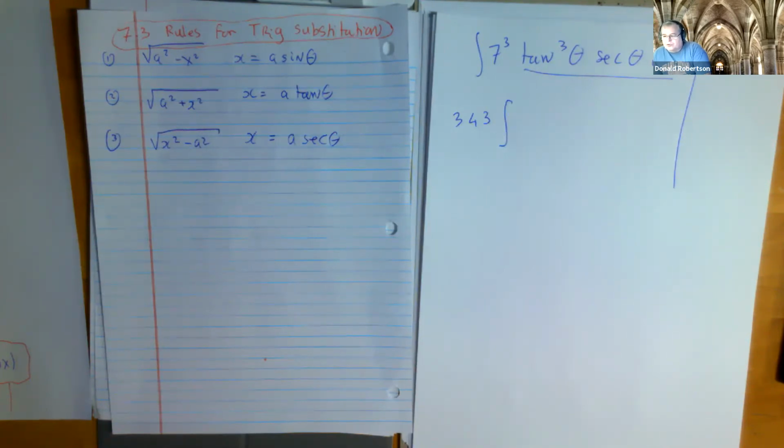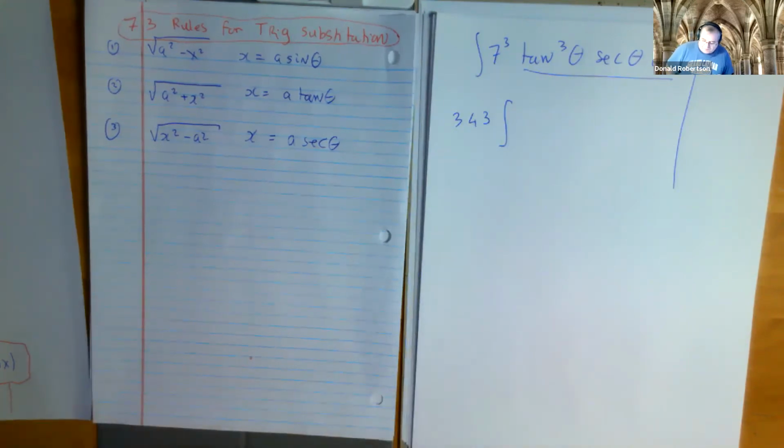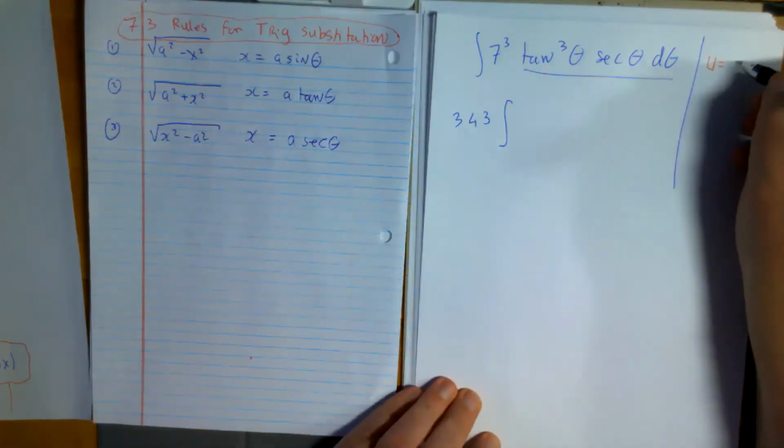It's never secant squared or tan cubed. So which one is it in this question? A secant or a tangent? Which one should I go for? 50-50. One works and the other doesn't in this particular situation. A secant, I think.